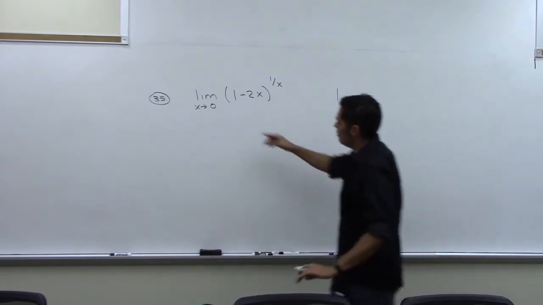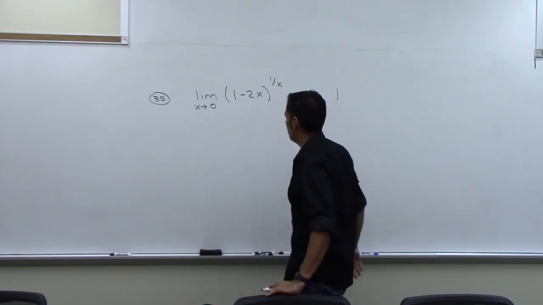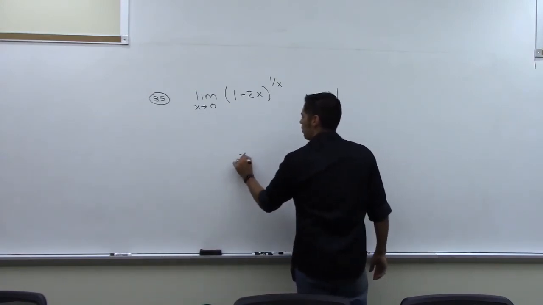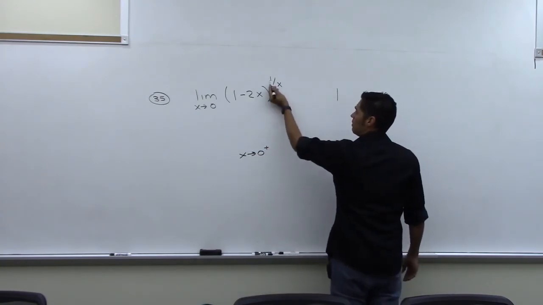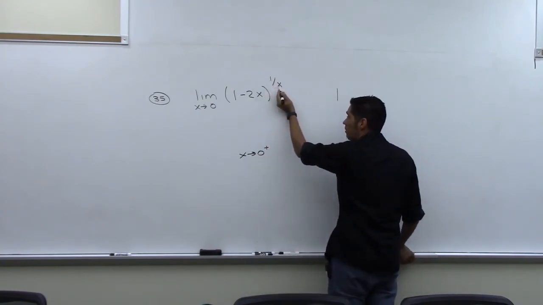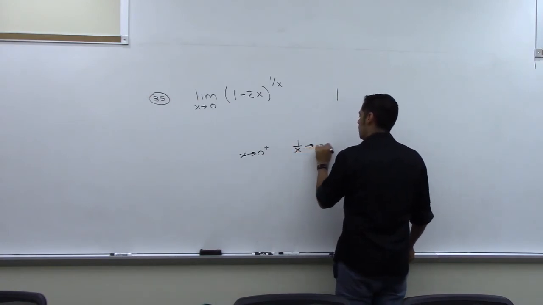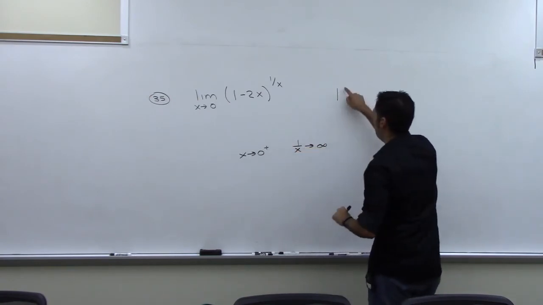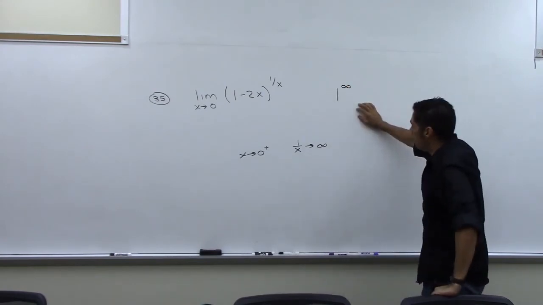Now, they don't tell us which side of 0 to come in on, which is a little concerning to me. But let's just take a look. If we approach 0 from the right, then this would be a positive number over a very small positive number that would approach infinity. So 1 over x would approach infinity. And then what we would have here is 1 being raised to the infinity, which is an indeterminate form.